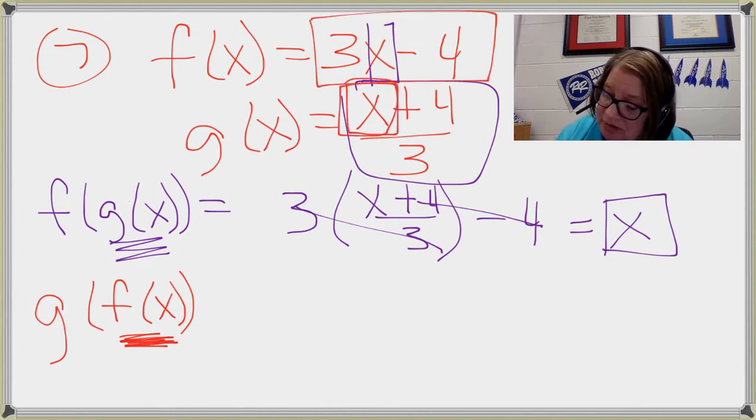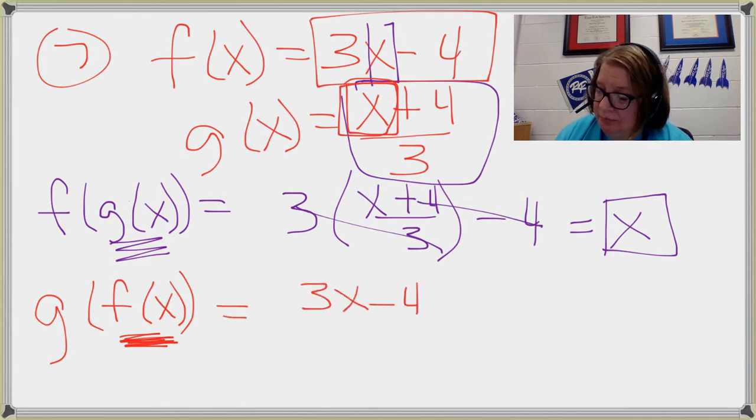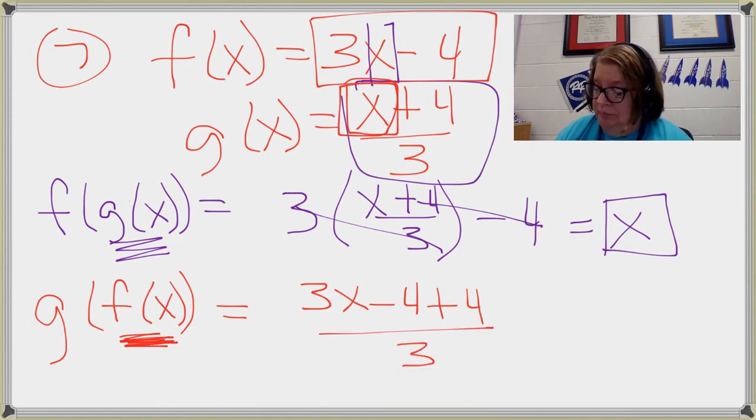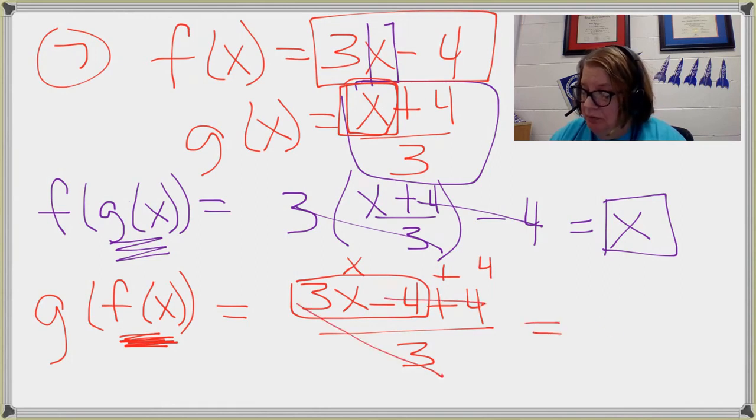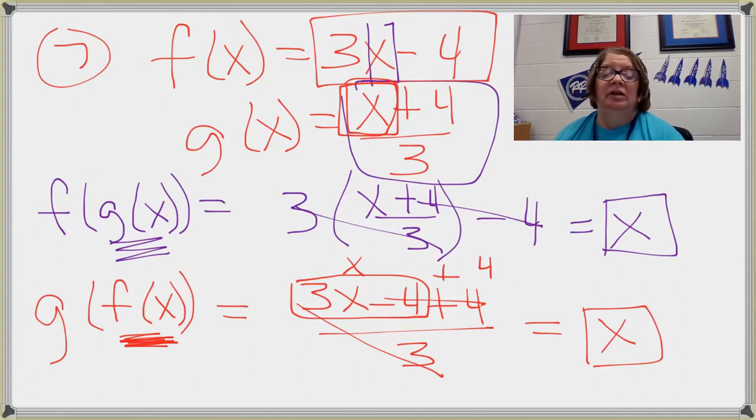In place of this little x right here on top of the fraction. Okay, this is your x, right? And you have plus 4 divided by 3. The 4's cancel. The 3's cancel. What you have left is x. Are these inverse functions? Yes, they are.